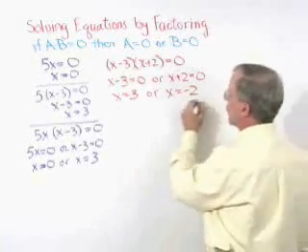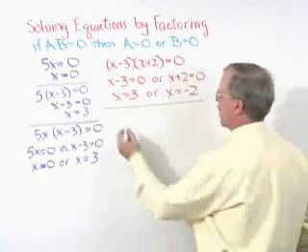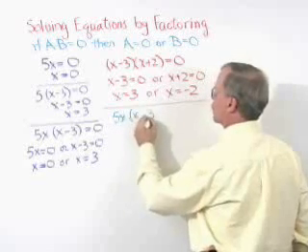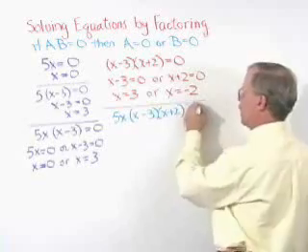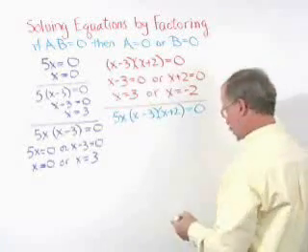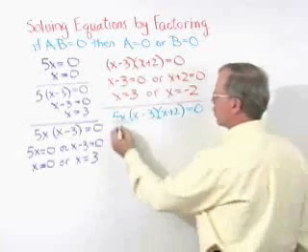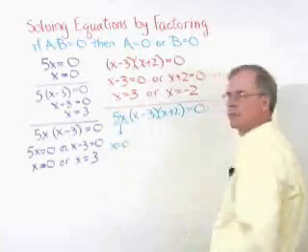We could even combine this one more time and see that if we had 5x times (x minus 3) times (x plus 2) all factored out, we would see that this factor would allow us to say x equals 0.